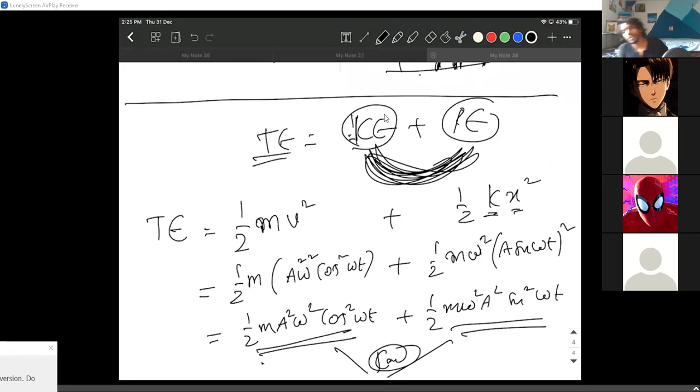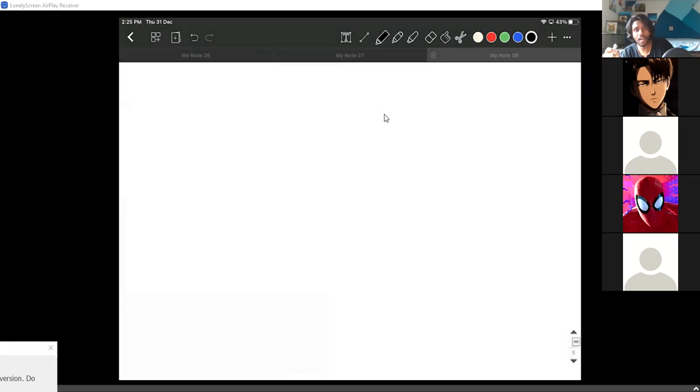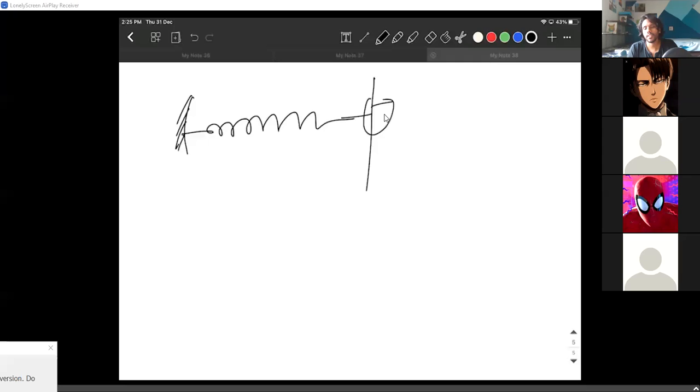They will ask you problems like what is the kinetic energy, what is the potential energy, and at what position. Like in the beginning of the class, I think it was Vamshi who asked that question. At the mean position, it is all kinetic energy. At the extreme position, it's all potential energy.